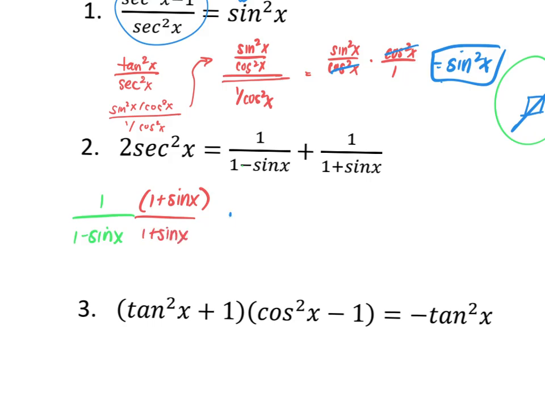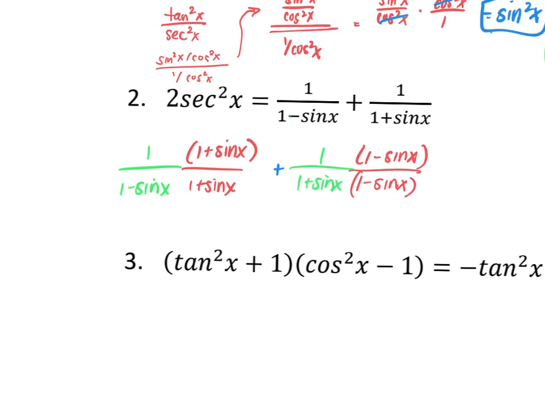And then the second fraction, I'm going to multiply by 1 minus sine x over 1 minus sine x. And then simplifying. And we're actually going to get a common denominator, which is nice. The numerator here is 1 plus sine x.